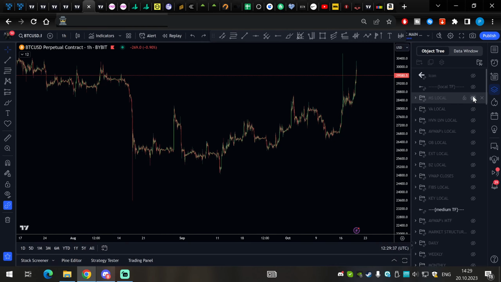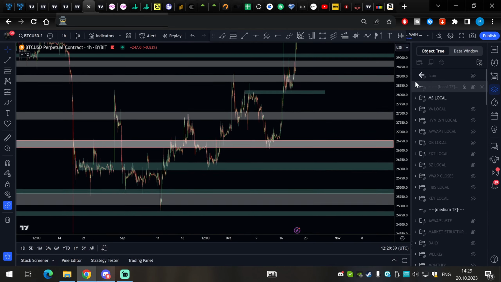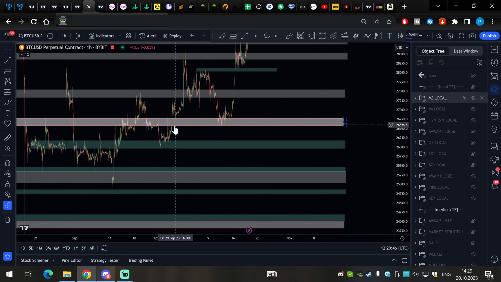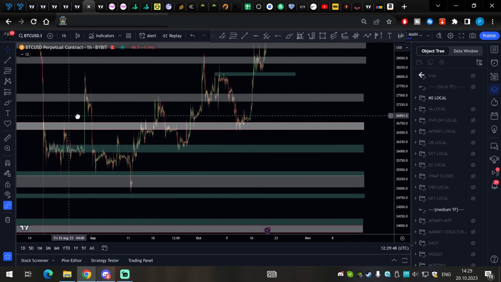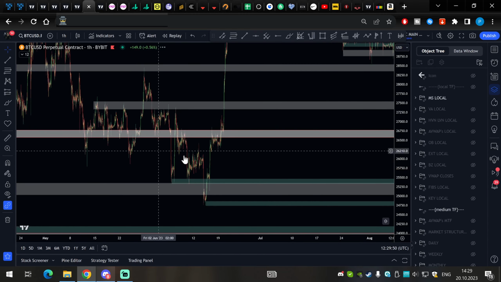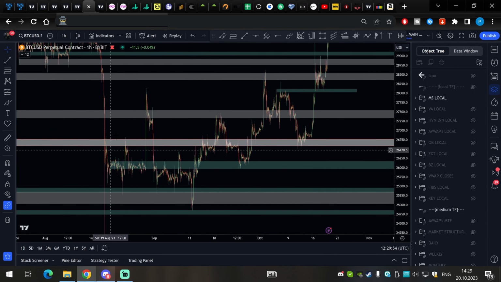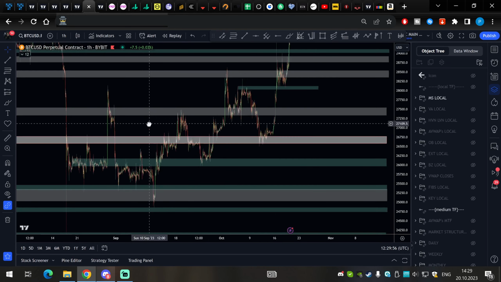Now, when we turn to our market structures, which are zones of previous support and resistance, I have highlighted this one. It's very long on my chart because this comes from our previous range. It was very strong support and resistance before, and now as we started to build a new range after the big breakdown, you see how many times.